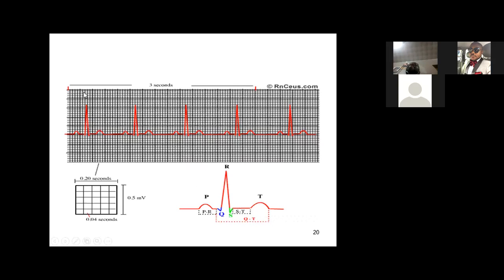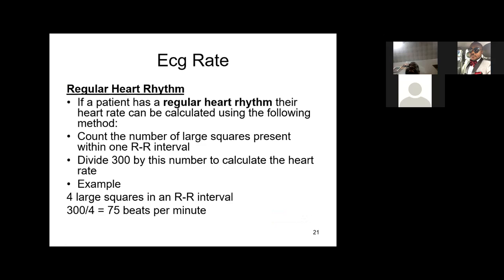As you can see, one of the big squares represented here lasts 0.20 seconds. Each of the small squares is 0.04 seconds, and one of the big squares here is equal to 0.5 millivolts.